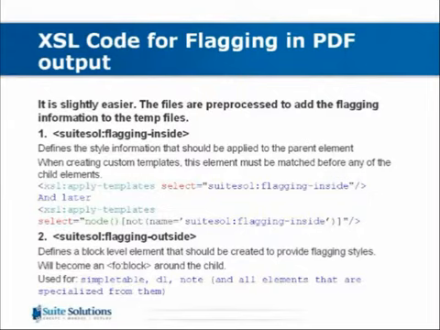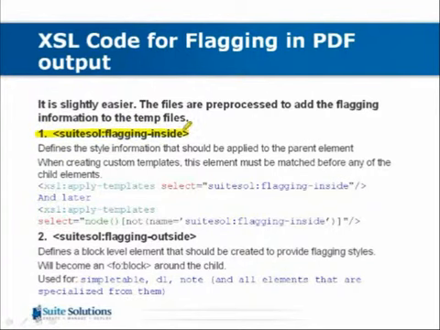In PDF, it's slightly easier. In the PDF output, we've added an extra step that pre-processes the files and puts basically all the flagging information into the output steps, and then the topic to FO shell file will go and implement it. The elements that we've put in are called sweet style flagging inside.